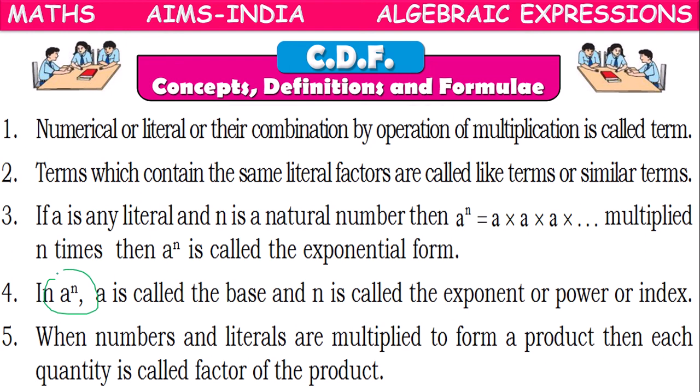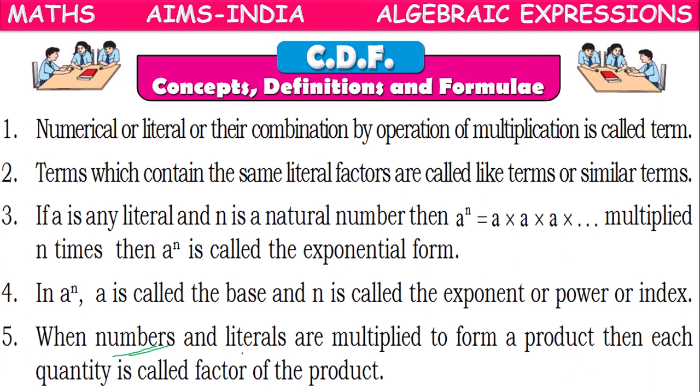In a power n, a is called the base, which is to be multiplied, and n is called the exponent, which denotes the number of times the base is to be multiplied. So here n is also called exponent, power, or index.